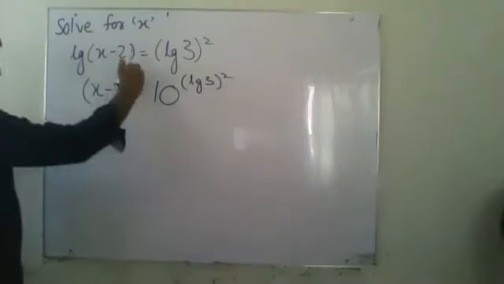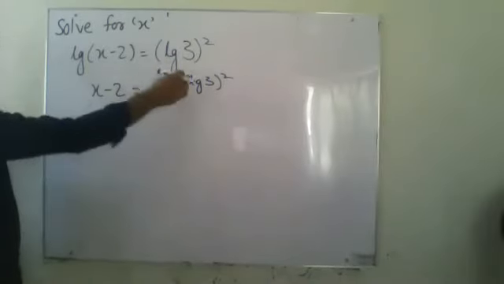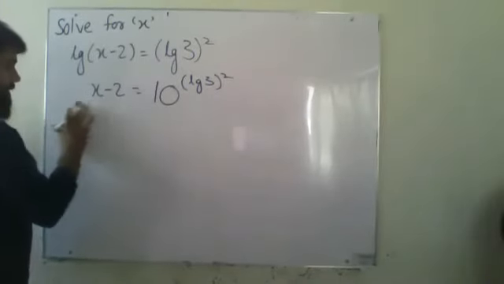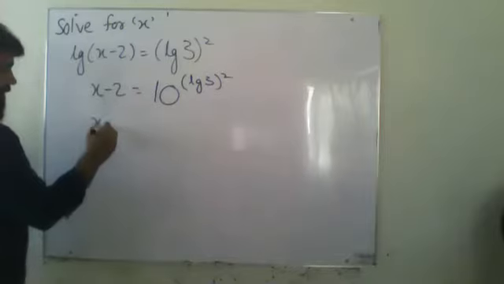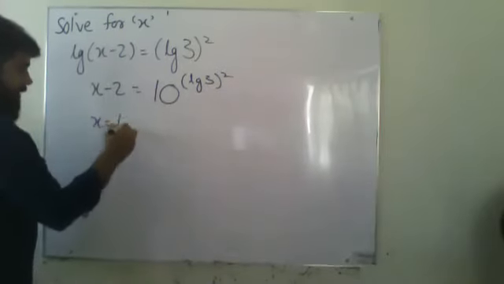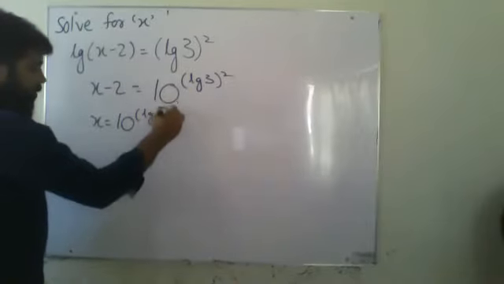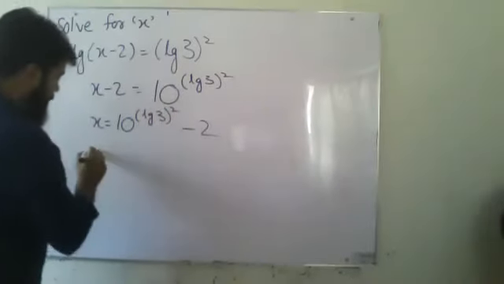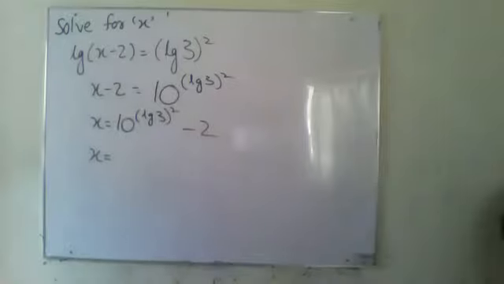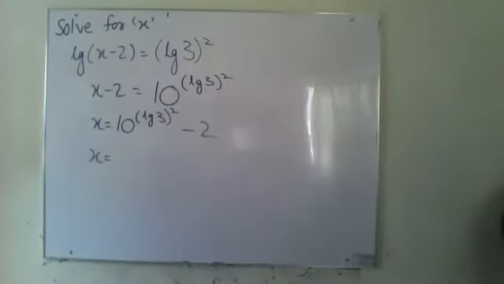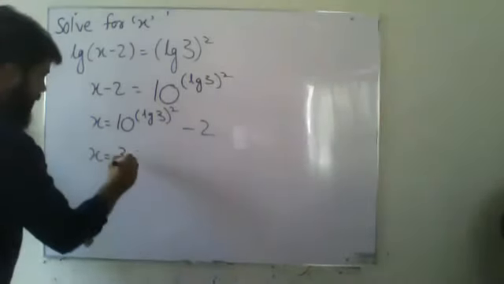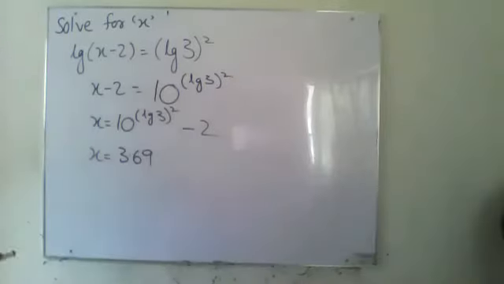Okay? This lg shifted over here, it will become like this. After this, when I will shift -2 over there, that will become 10 to the power (lg3) whole square, -2. And when I will simplify it, the answer is coming 3.69.